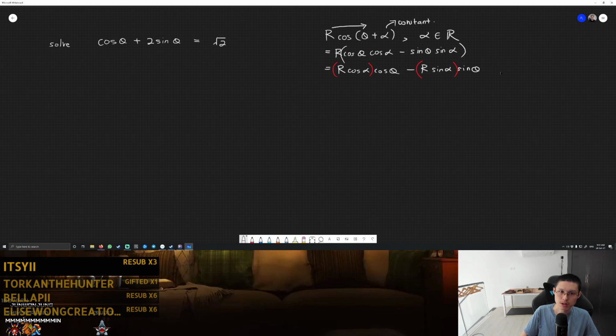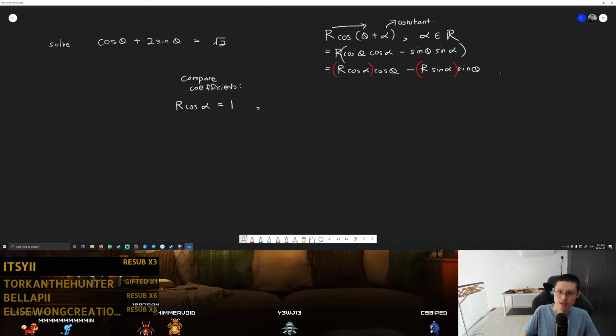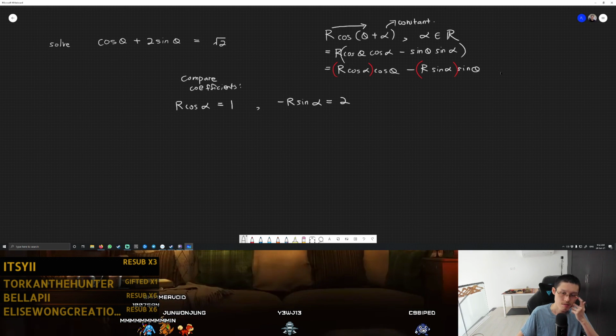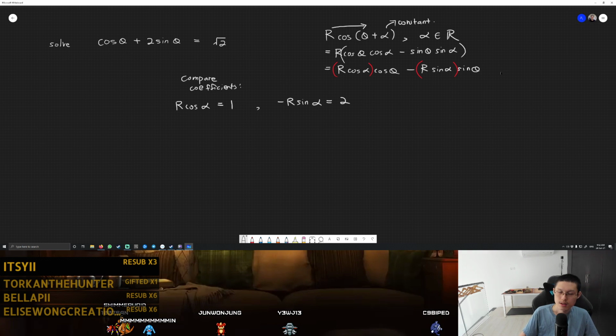So you can do that comparison. You compare the coefficients. So r cos alpha equals 1. Negative r sine alpha equals 2. Okay, so how do we solve this?